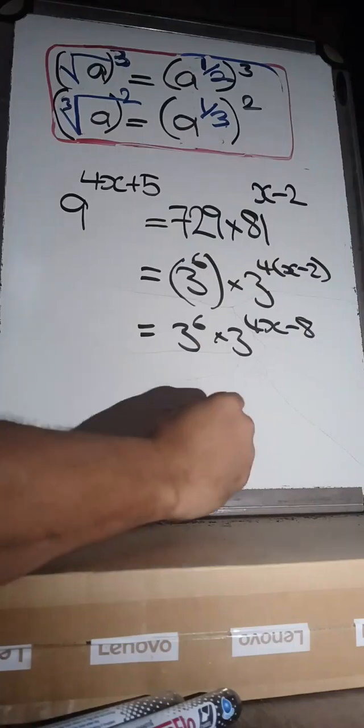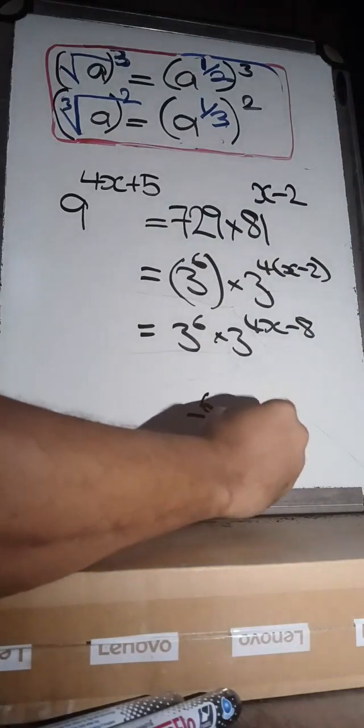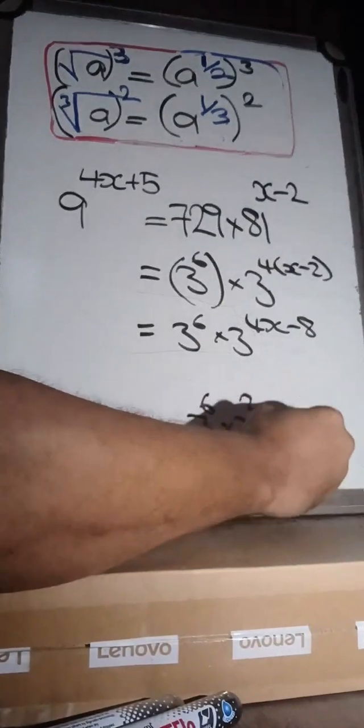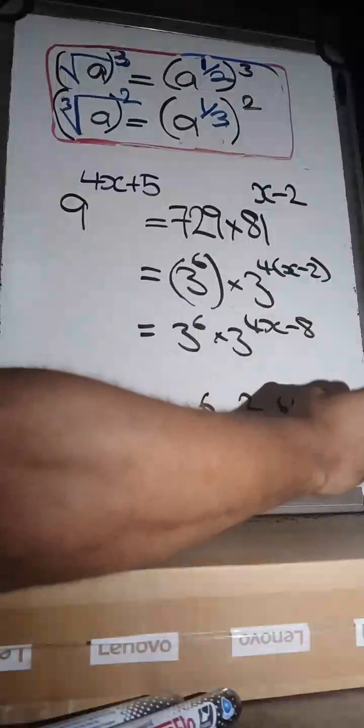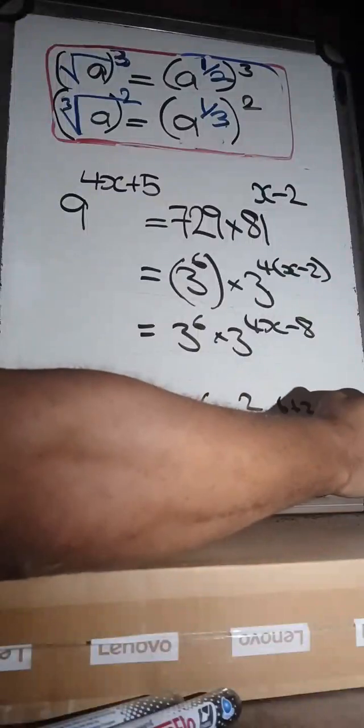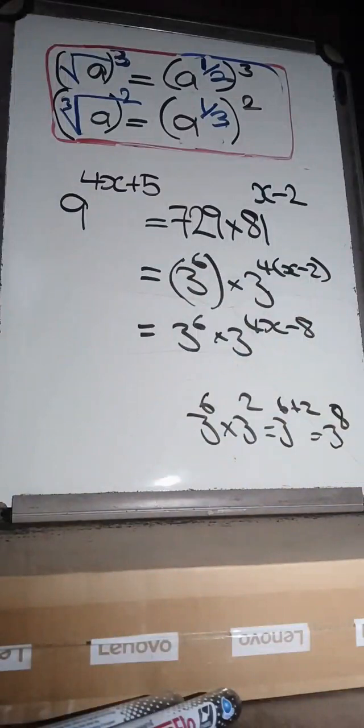Now, based on our rules of indices, let us say we have 3 to the 6 times 3 to the 2. It means we have 3 to the 6 plus 2, resulting in 3 to the 8. Now, for context, it means we're going to add 6 plus 4x minus 8.